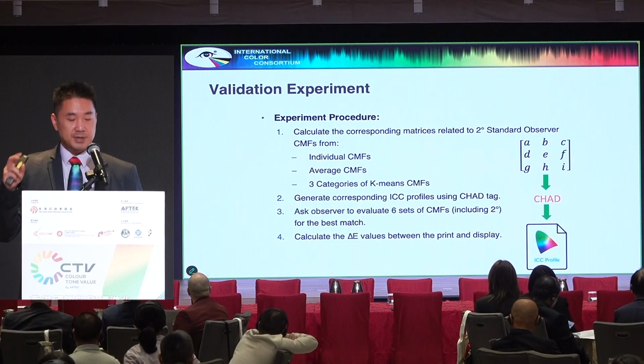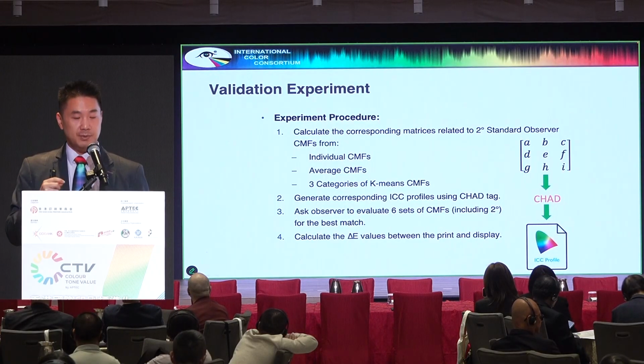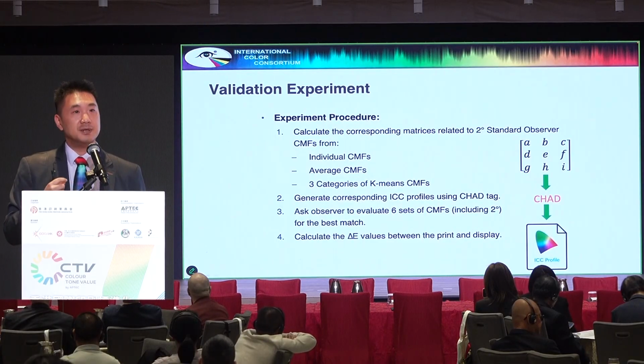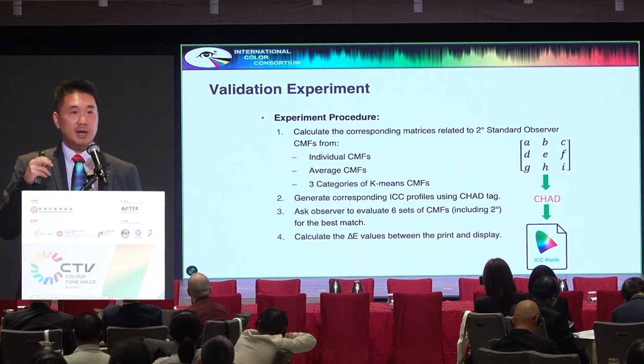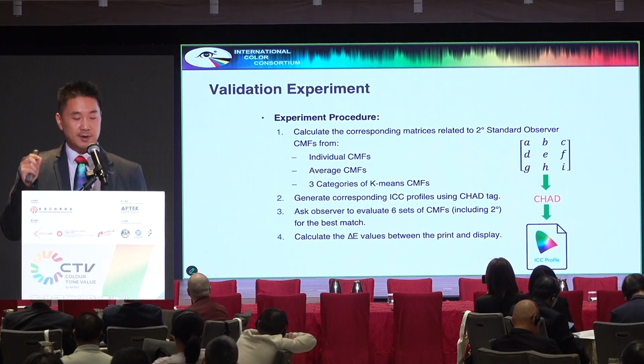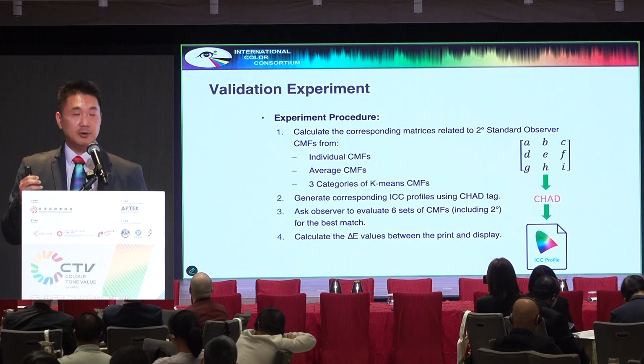Then we use the ICC profile to apply it to the image itself, and ask the observer to evaluate the 6 sets of color matching functions. It also included the 2-degree observer as the best match. And we also calculate the delta E value between the print and the display.